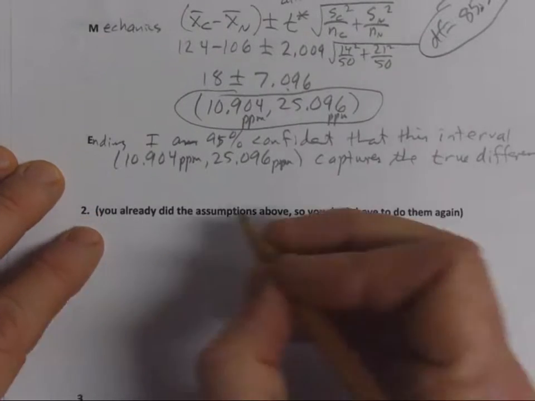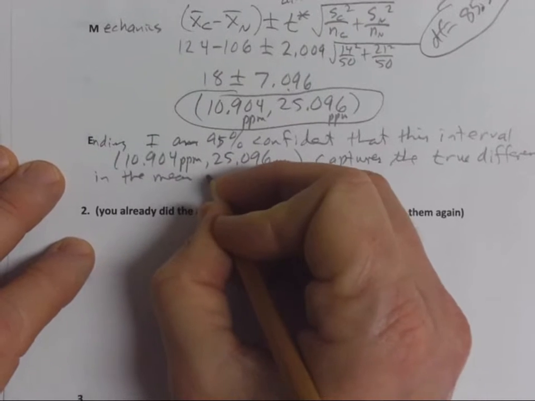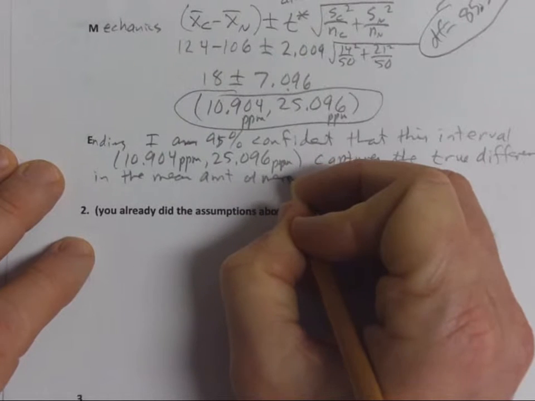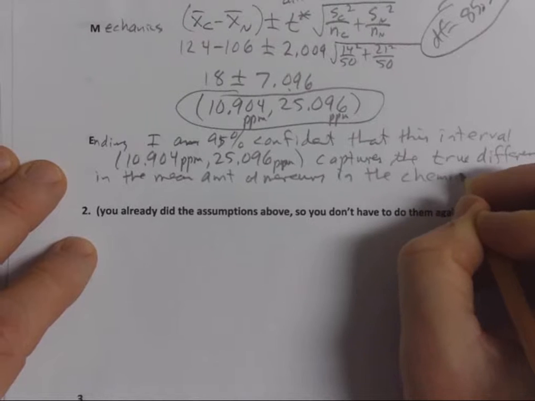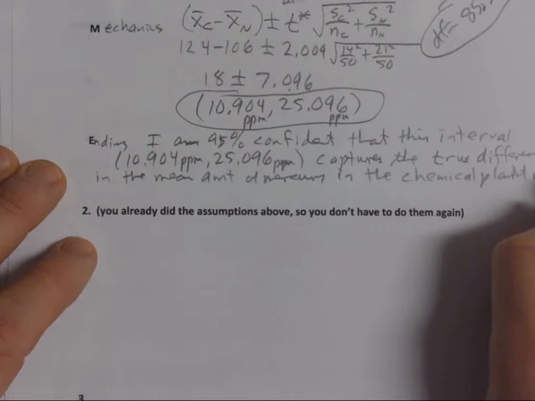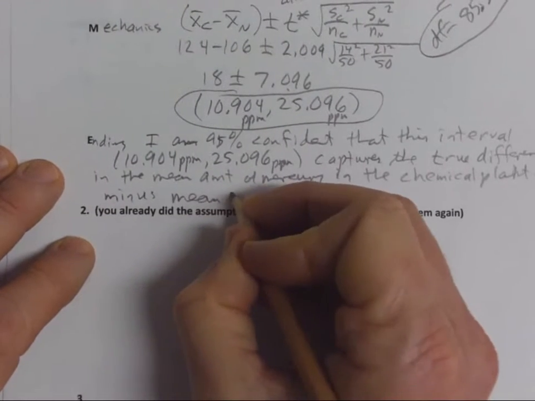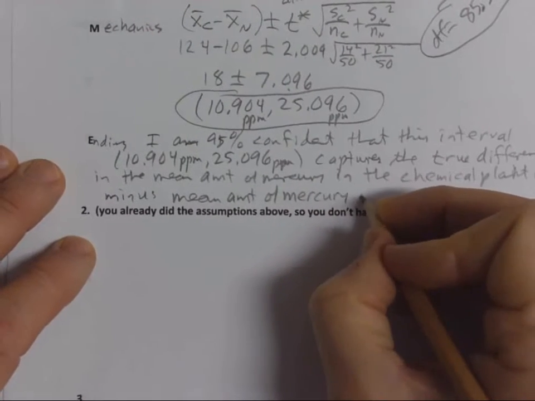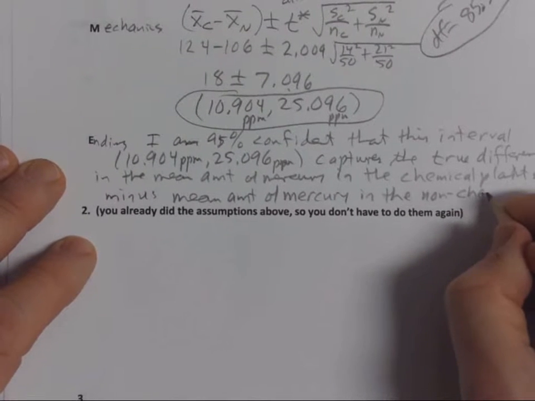The true difference in the mean amount of mercury in the chemical plant river, minus the mean amount of mercury in the non-chemical plant river.